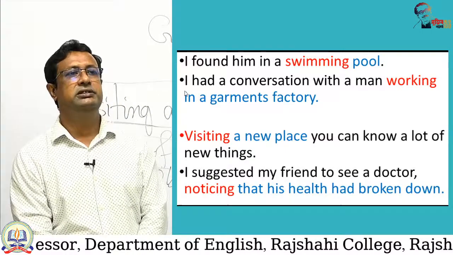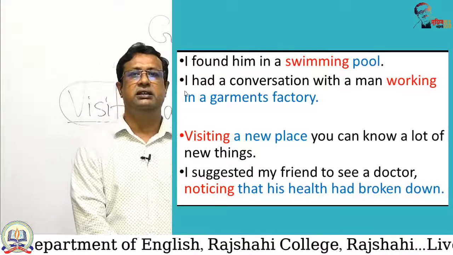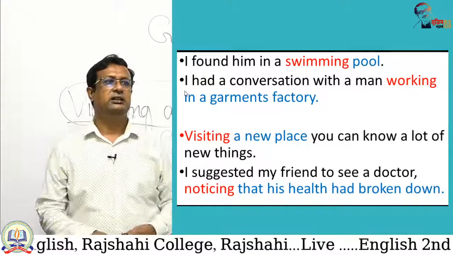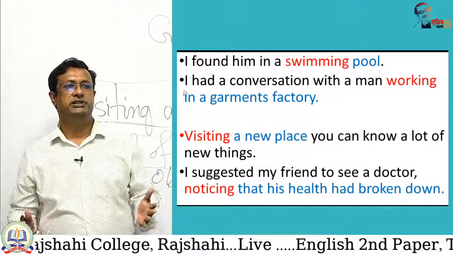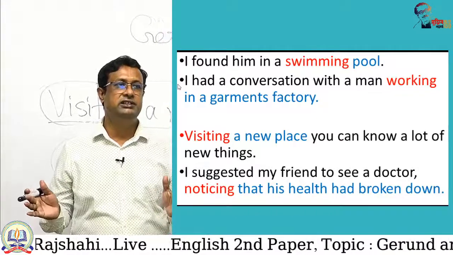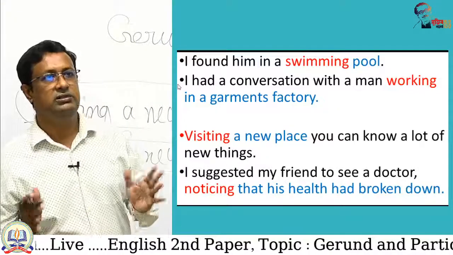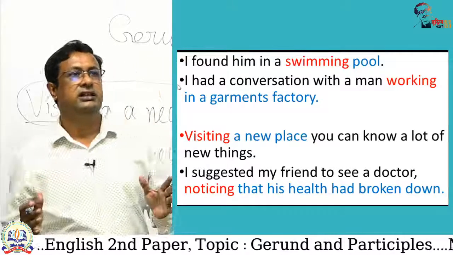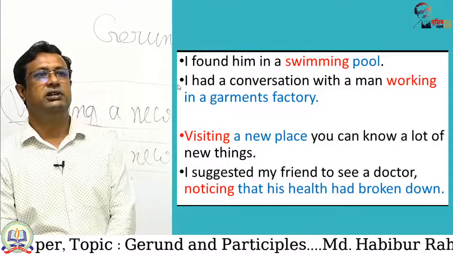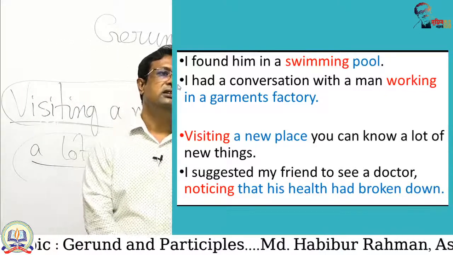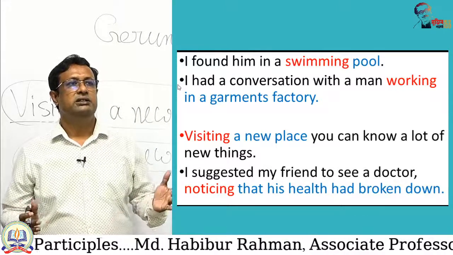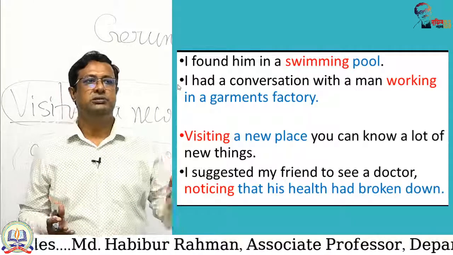So what is the identity of "noticing that his health had broken down"? This is a present participle phrase, and after the present participle we find "that his health had broken down." Another clause is present here, beginning with the conjunction "that," and thereafter we see "his health had broken down." "His health" is the subject, "had broken down" the verb. So this part begins with "noticing."